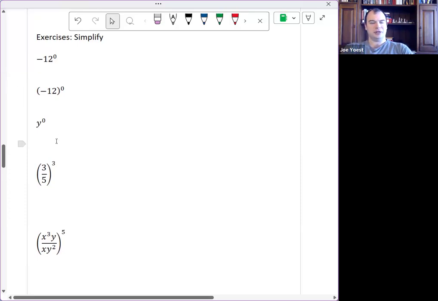A couple of these are a little tricky. So I want you to really take your time on these and go slowly, particularly these first 2. You might notice the first 2 look pretty similar. Think carefully about what's being said here. When we have the 0 power here, what entity are we thinking of, maybe as that thing to the first power over itself to the first power, something like that.